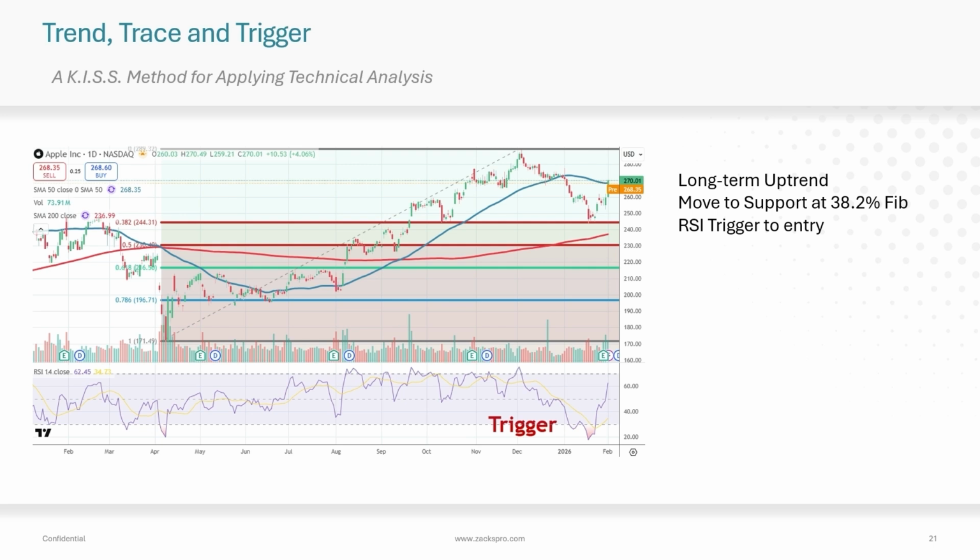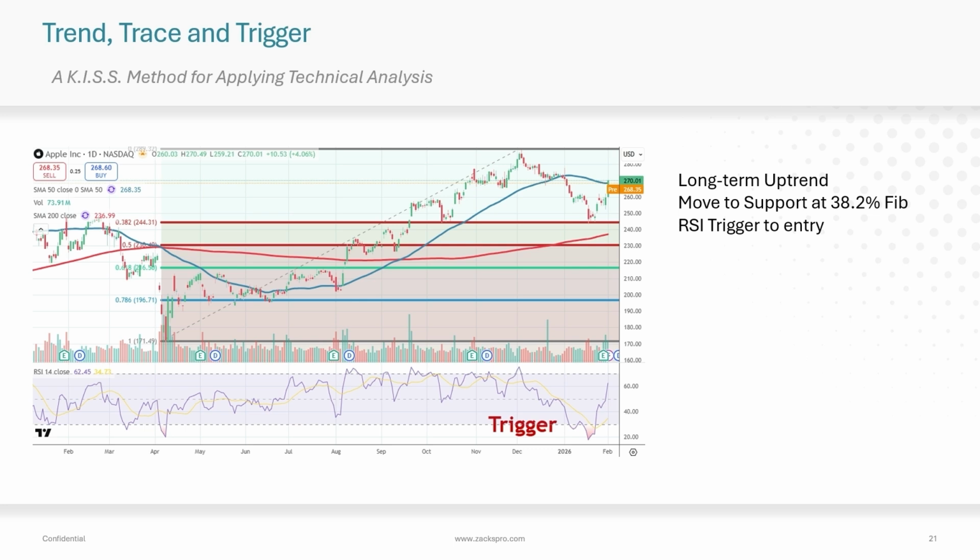So here's an example of when this worked very recently. If you look at Apple, eyeball this heading into mid-January, you have a stock that is trading above that long-term moving average, the 200-day. It's below the short-term moving average. But of course, that's what you're going to want to see on a pullback to support. You're going to want to see the stock actually come under that shorter-term moving average and find some support with the long-term trend still intact.